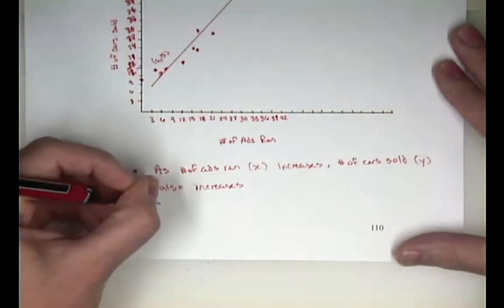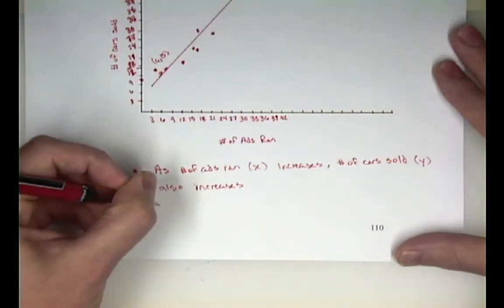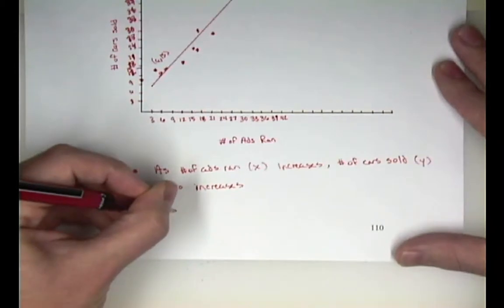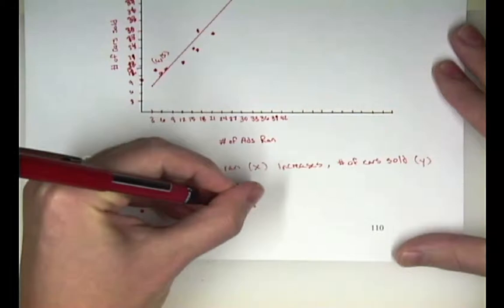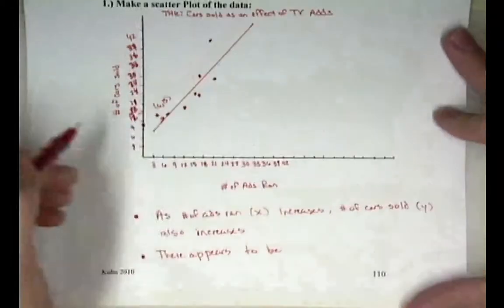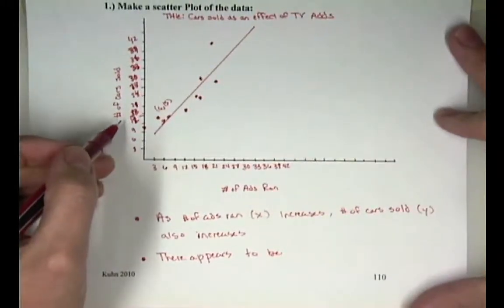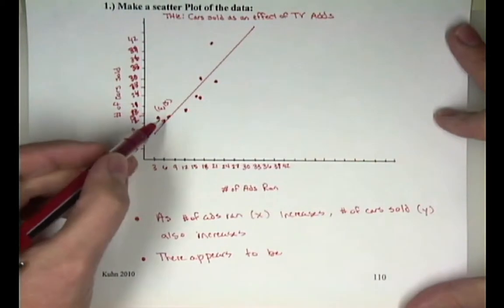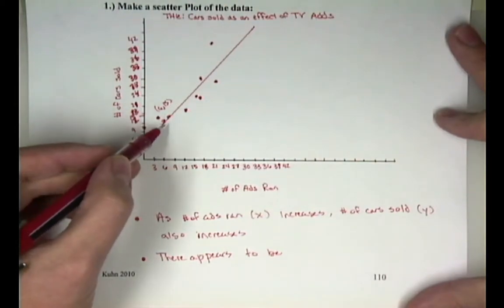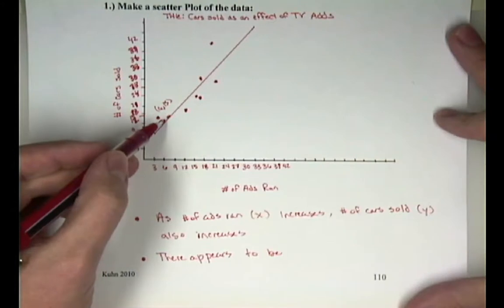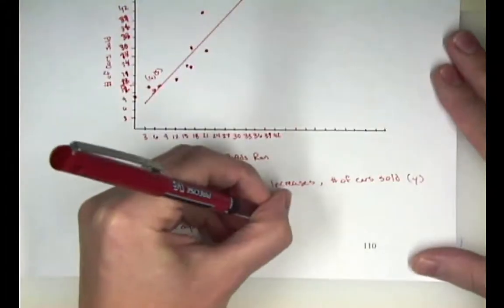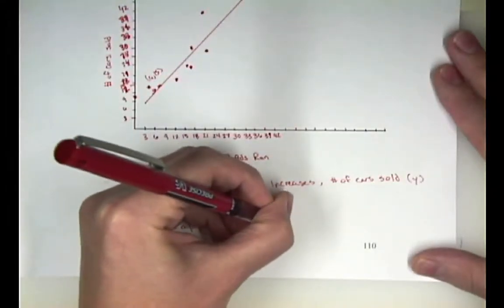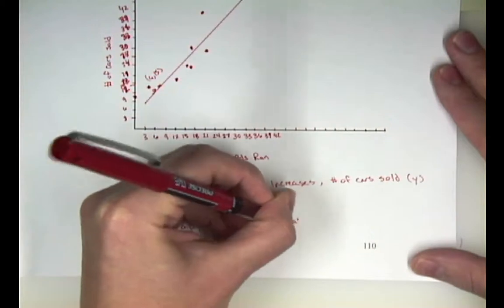Another interpretation we can make is we can talk about the correlation. We can say there appears to be. Now this is where it's very subjective. You get to decide whether you want to say strong, weak, moderate, or just some sort.